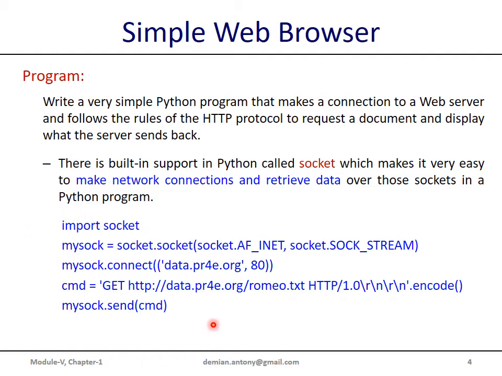The first part is sending a command to a server. And the second part is receiving the information that is sent by the server upon receiving the client request in the form of an HTTP command.